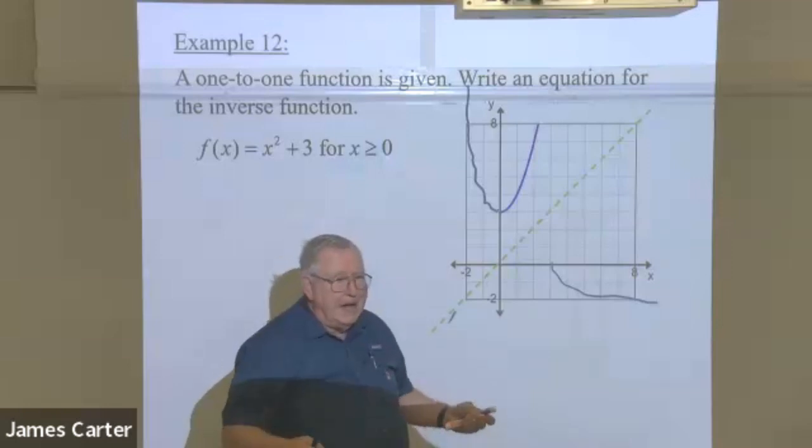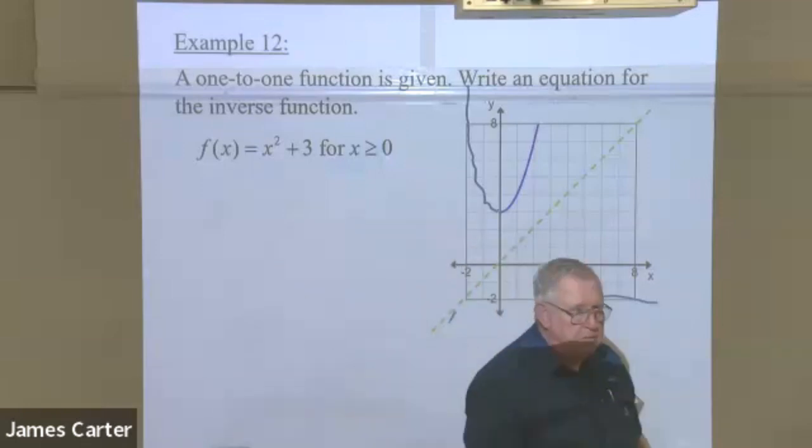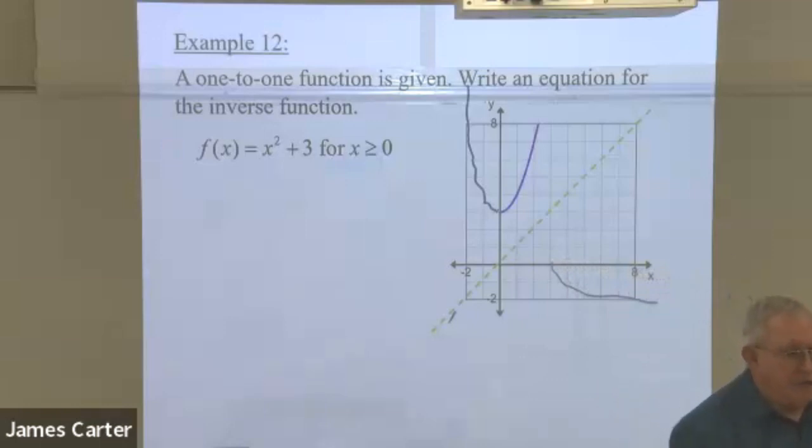Now, why might we want to do that? If I have the whole parabola there, what visual test will not let it be 1-to-1? Horizontal line. The horizontal line test won't.